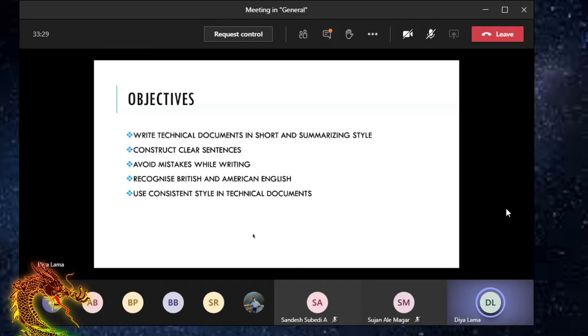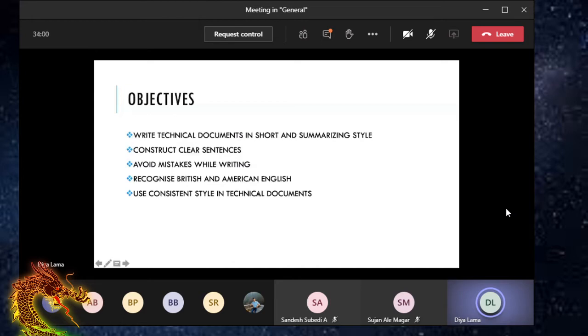Then recognize British and American English. So I don't know if you guys know about this, but British English and American English, obviously they are English, tara कुनै कुनै कुराहरु different हुन्छ है उनीहरुको. So maybe some spellings might be different in British and in American. So त्यही अनुसारले whoever your audience is, you have to make it the way their English is.